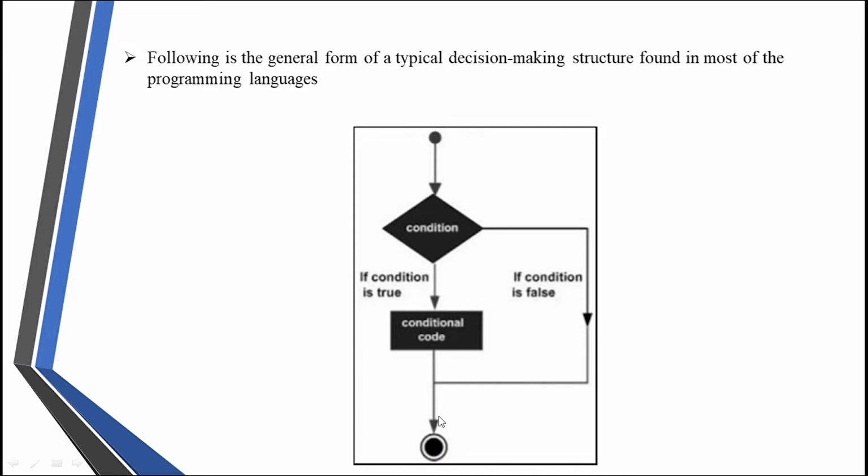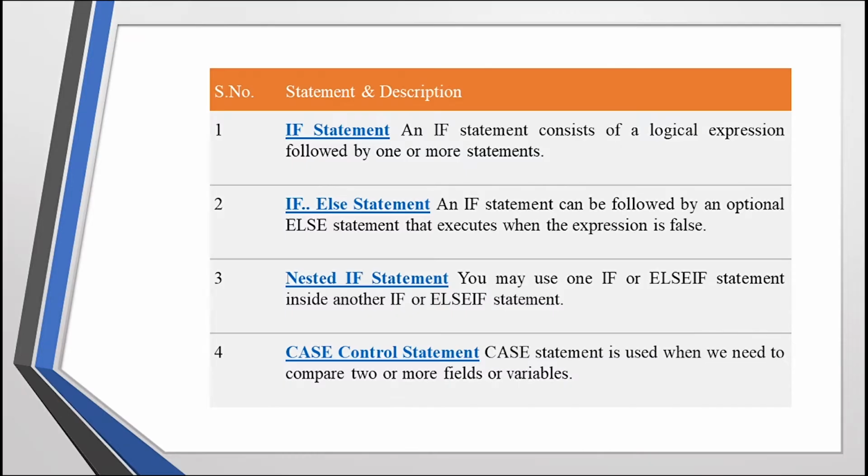So that means we want to execute this conditional code only when it is required based on the condition. Otherwise, the statements under the condition will not be executed. So what are the different conditional statements we have?